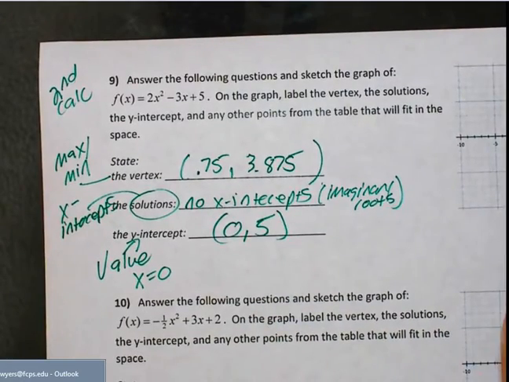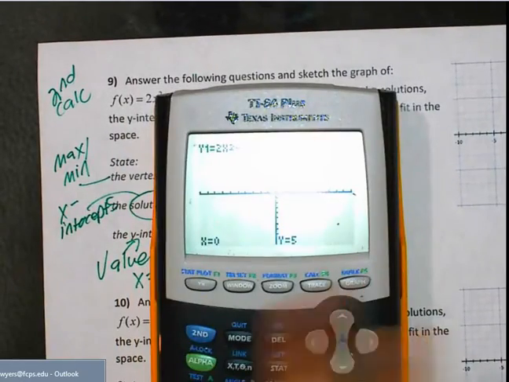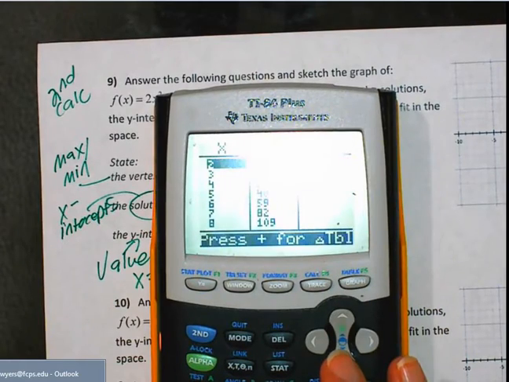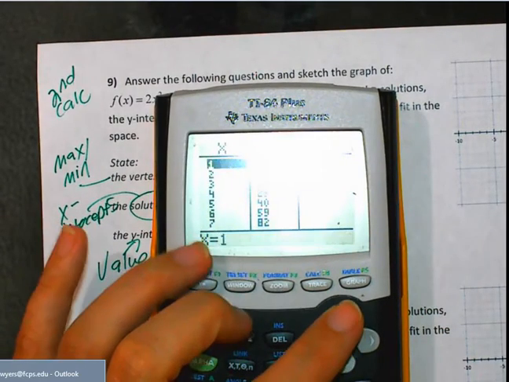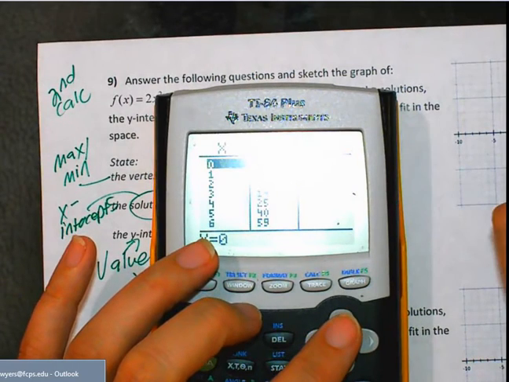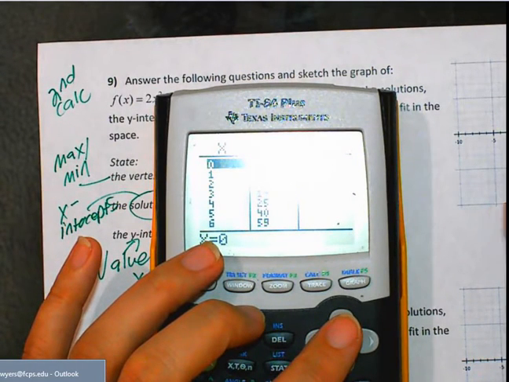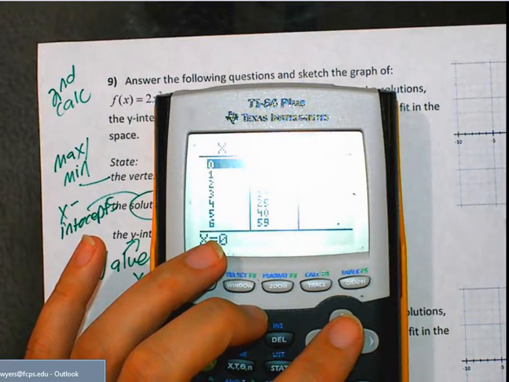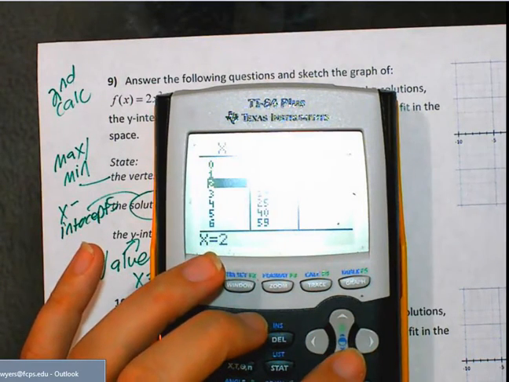which is right here. Now you need a couple more points to plot, so you can get those from the table. Okay, so you want to pick numbers that are going to show up on your graph here. So we have 1, 4. Okay, 2, 7.